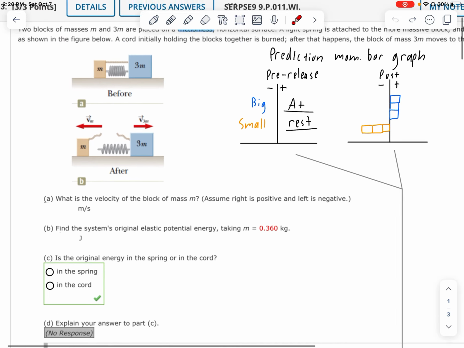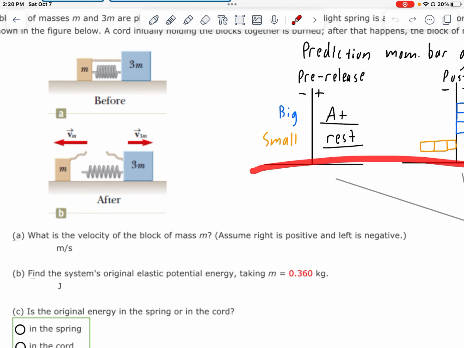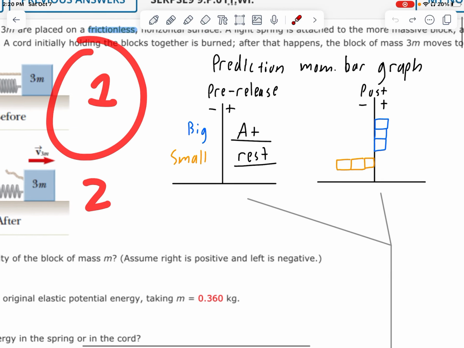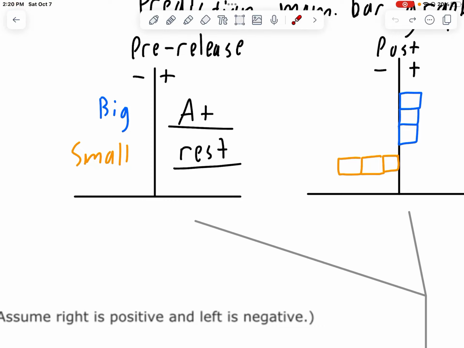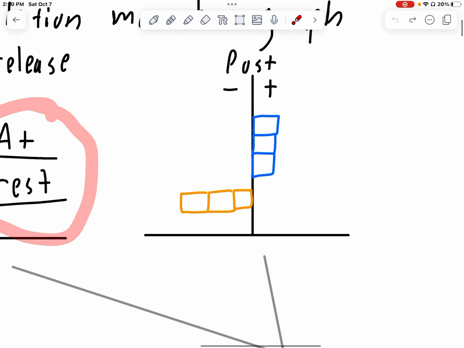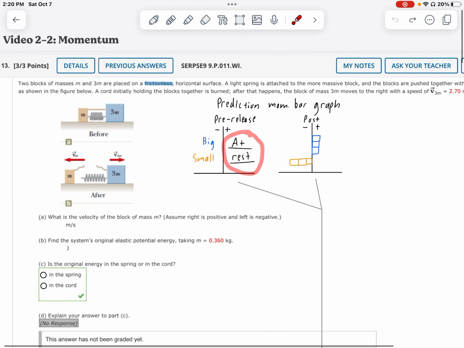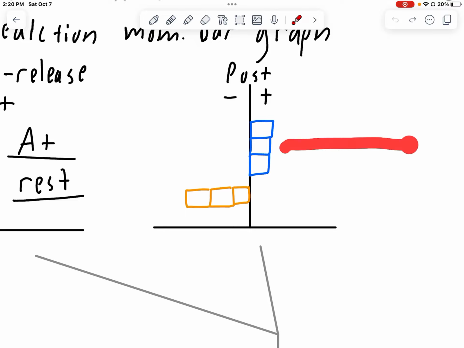So after that, I decided to set up a momentum bar graph. In this first part, there is no movement, no speed, so therefore there can be no momentum. So our system's at rest. And then post release, when the string is cut, we have momentum in the right direction and momentum in the left direction.